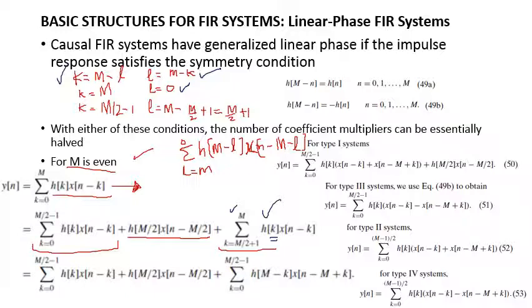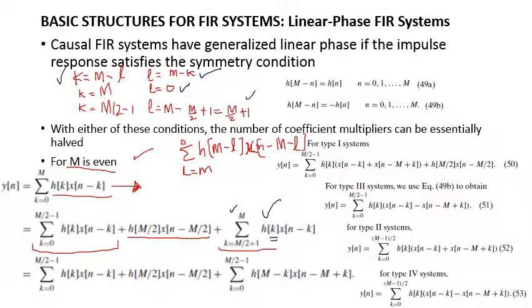Similarly, when k equals M by 2 minus 1, because l equals M minus k, that means we'll have M minus M by 2, and because this one is also minus, we can write it as plus. So we can say l equals M minus M by 2 plus 1. So M minus M by 2 results into M by 2, and M by 2 plus 1.